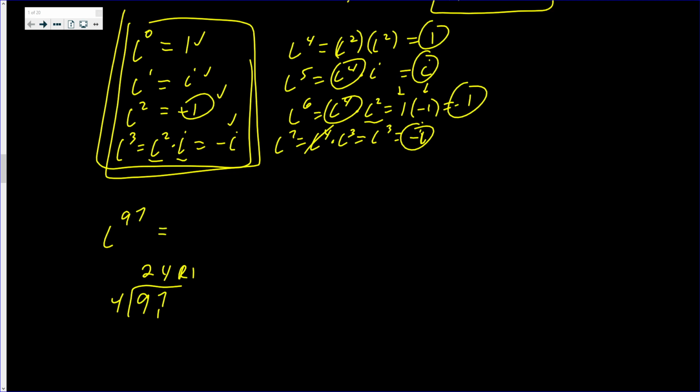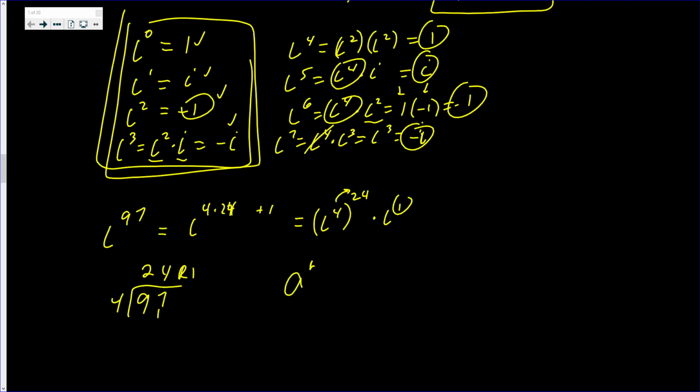That is, 97 is 4 times 24 plus 1. Now, this is the same as i to the 4th to the 24th times i to the 1, because you add the exponents.